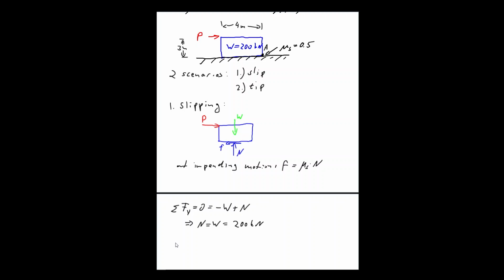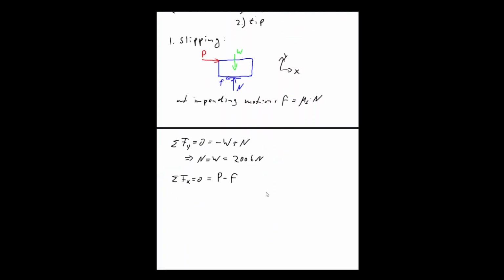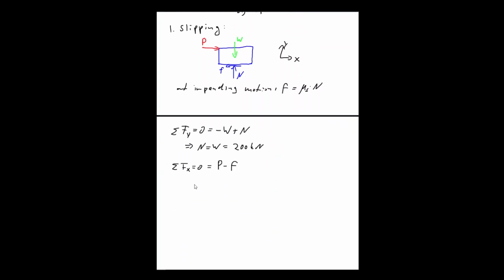Then if I look in the horizontal direction, so Fx equals 0. What do we have there? I have P acting to the right, so positive, and minus F. I guess we should put our coordinate system here so we have our positive and negative directions all figured out. All right, so if I have that, then I can find what P is.